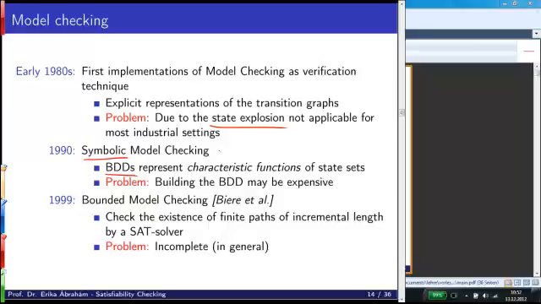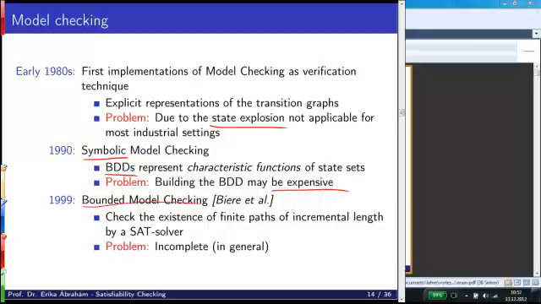So if I go back to the previous slide, this was this symbolic model checking approach. So you do not enumerate all states anymore, but you compute with sets. And the problem is here, this is from the memory more efficient, but it can be time consuming. And then bounded model checking was introduced.